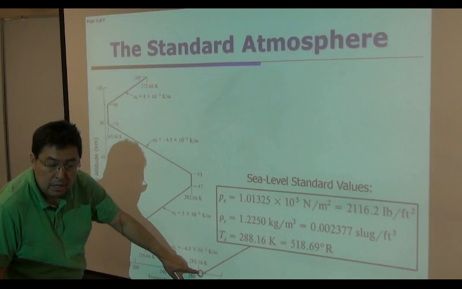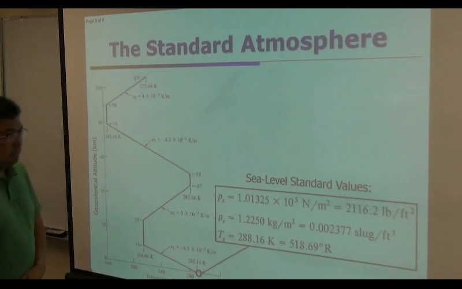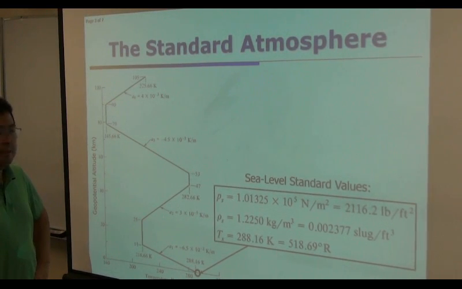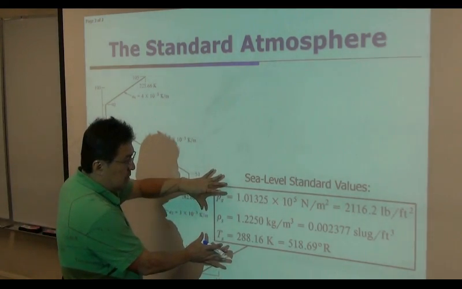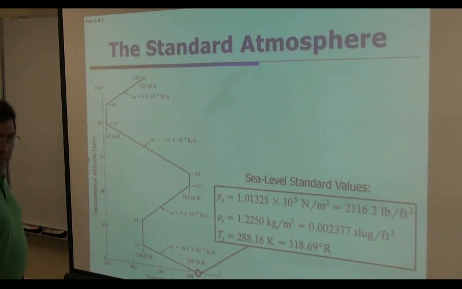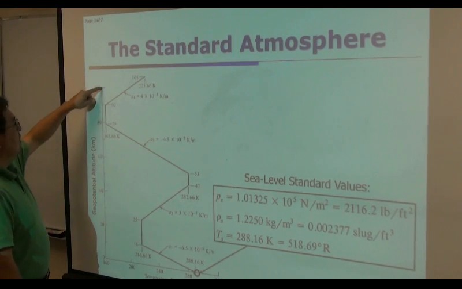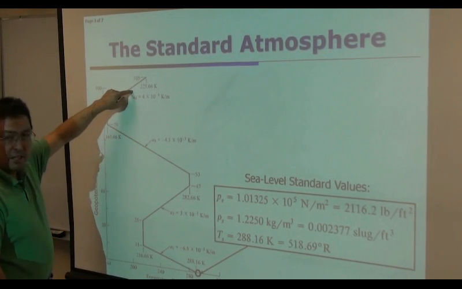Then suppose this is an exam problem, I can easily create this problem. Think about that. I give you those values, standard sea level. Then the question is, okay, find out pressure, density, and temperature at 100 kilometer altitude. What are you going to do? Well, it's going to be a nightmare.